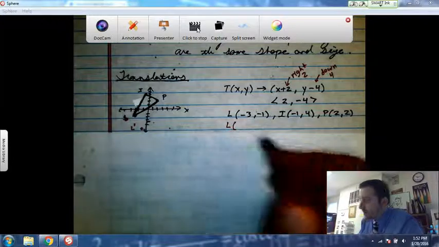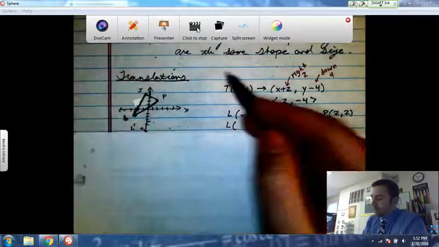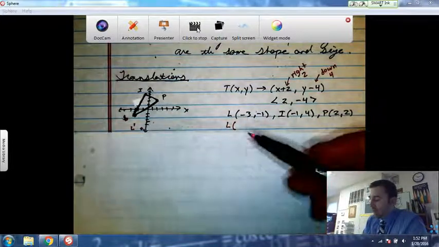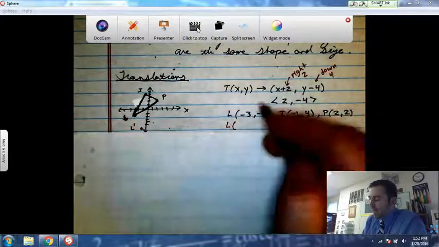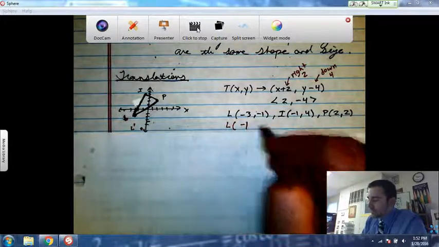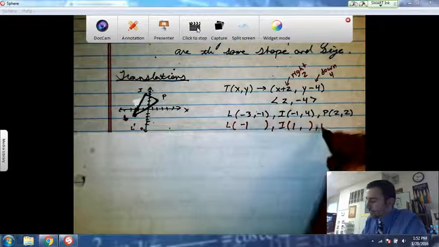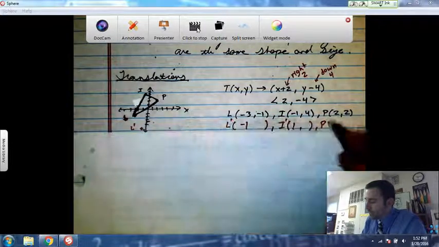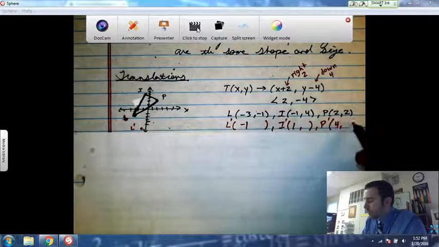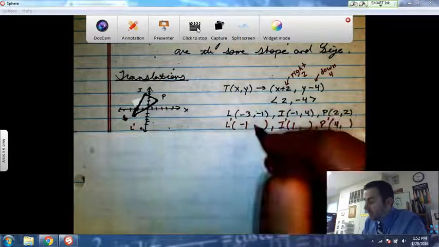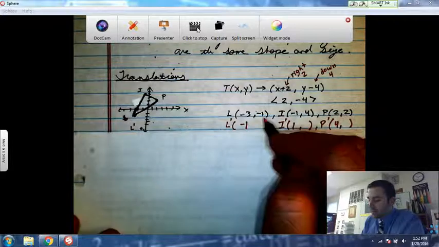Now, to find the coordinates, I could, for each of these pre-image coordinates, add 2 to the x's, and then subtract 4 from each of the y's.